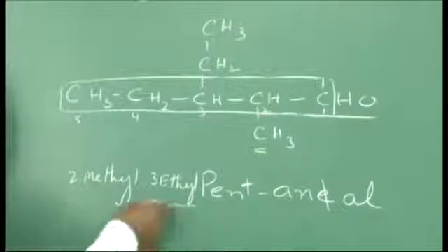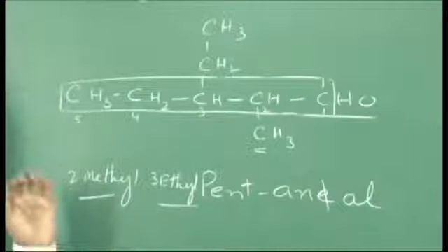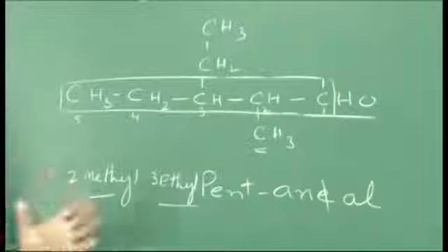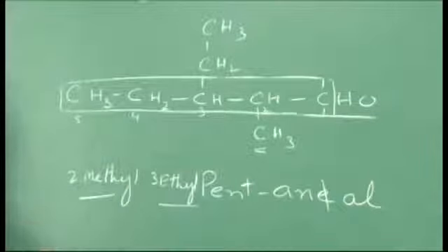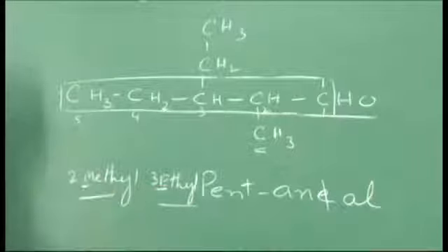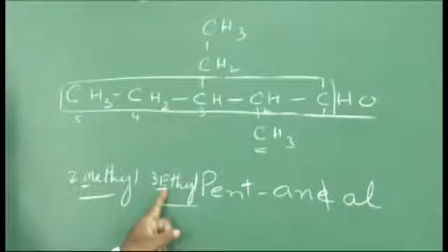While mentioning these two prefixes, which prefix has to be mentioned first? For this, in the IUPAC system, you should follow alphabetical order. In the English alphabet, letter E comes before letter M. So you should give preference to the ethyl group.